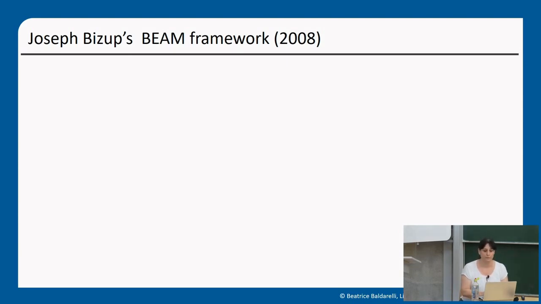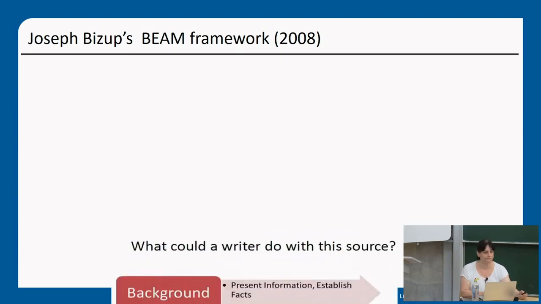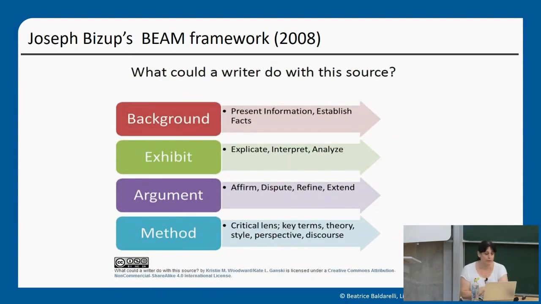Bizup's rhetorical framework creates an alternative vocabulary for the didactics of writing, considering scientific sources in their rhetorical argumentative functions. In other words, it leads the students to ask themselves what a writer could do with a source. In this model, background is every material that a writer takes as a fact and inserts in his work as an authoritative element, expecting their readers to do the same, so Bizup.